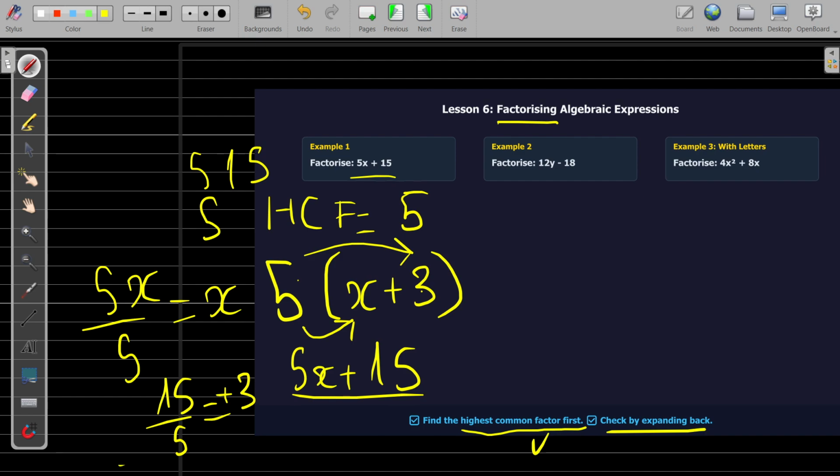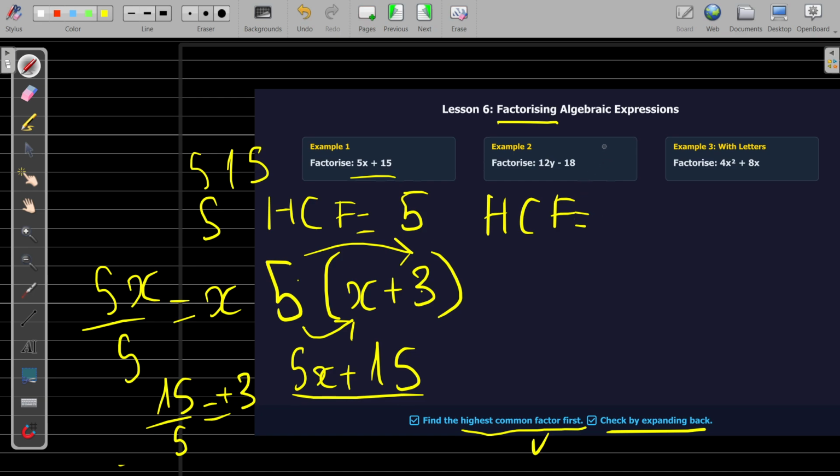So I want to try a harder one: 12y minus 18. Now I want to find the HCF of both numbers. What goes into 12 and 18? 2 goes in, that's fine, but there can be a bigger number. 3 goes in, but this can still be a bigger number. What about 4?